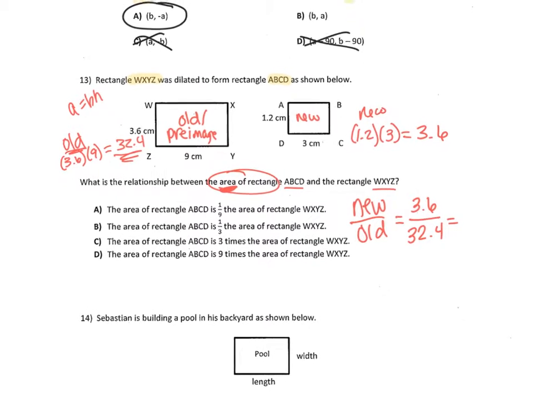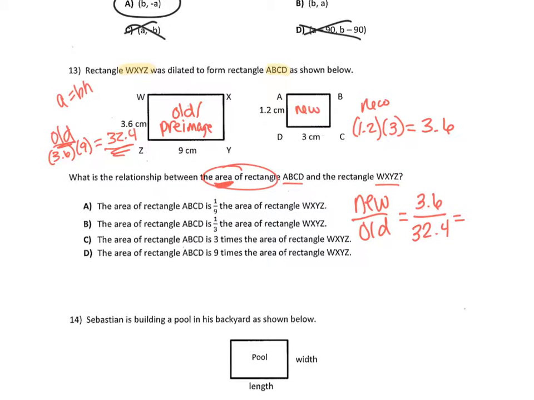3.6 divided by 32.4. Check one more time, make sure you put 3.6 in first. Good, 0.111. Our answer choices are in fraction form, so you can hit that math fraction button and it'll change it for you.